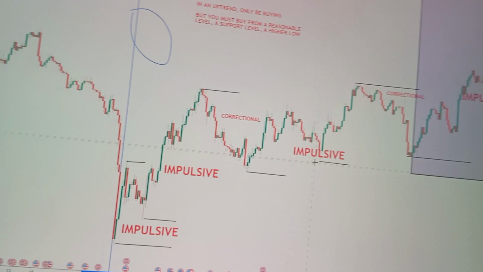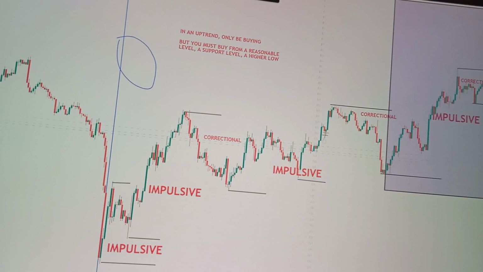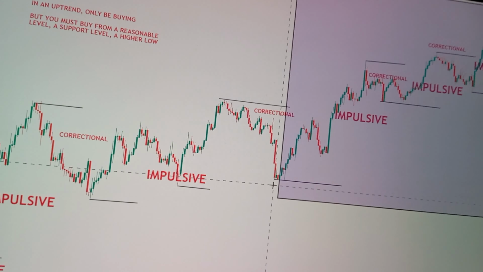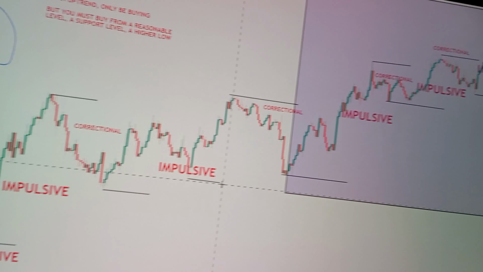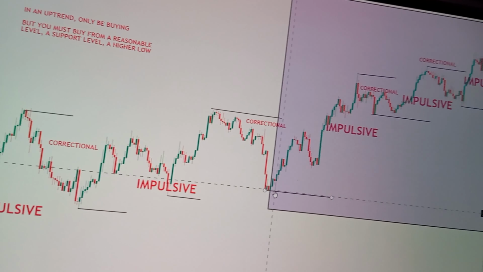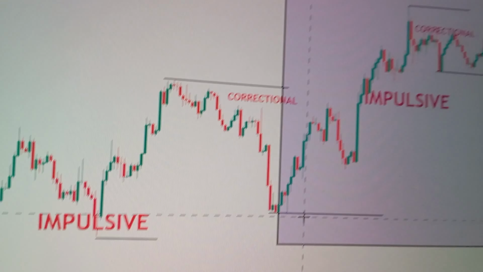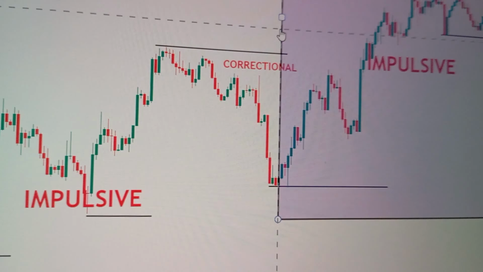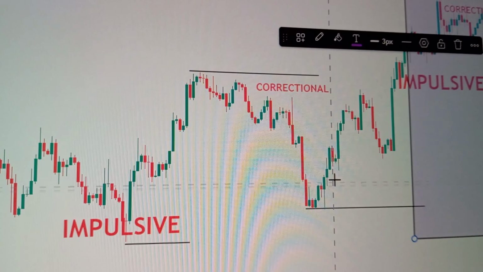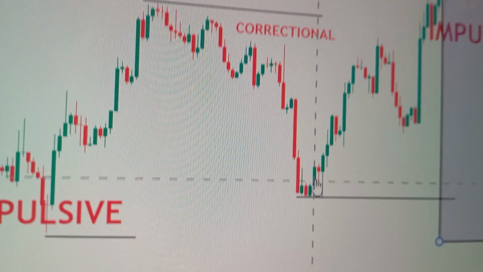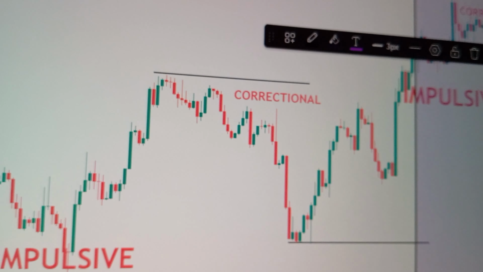Now this market gave you a higher low right here and then came up to give you a higher high right here. And then it gave you this higher low. This low is higher than this low. Now that the market has given you a higher low, you wait a little. If you see a blue candle come up like this one, you can take your buy.